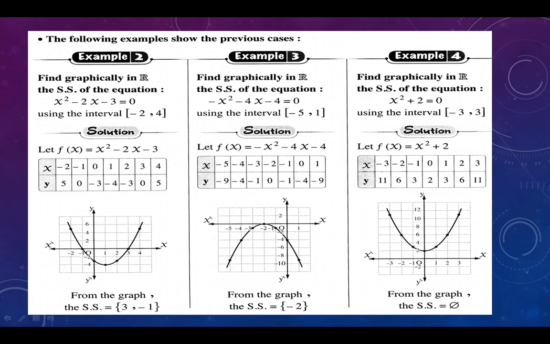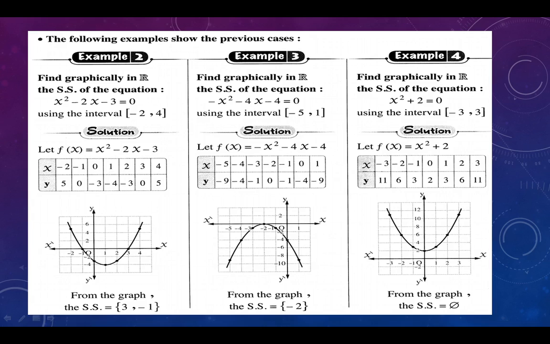Okay. Here you are going to use the calculator to form the table. Mode 7 and you will choose table, and here by using the interval start -2 end 4, and step 1 you can see that the table will be x equals from -2 to 4: -2, -1, 0, 1, 2, 3, 4.